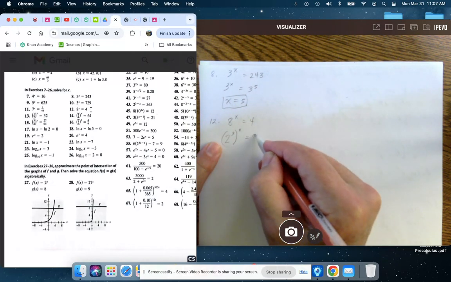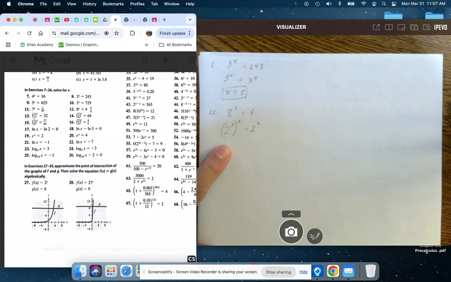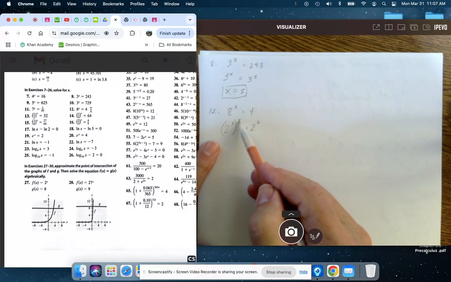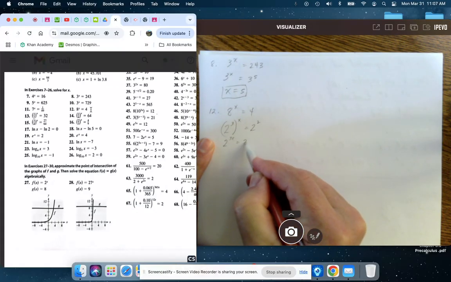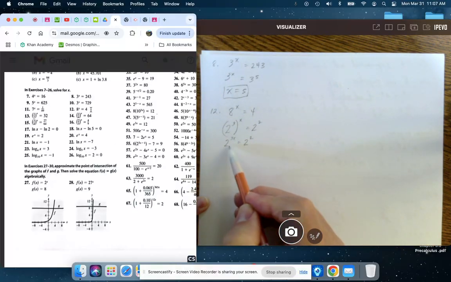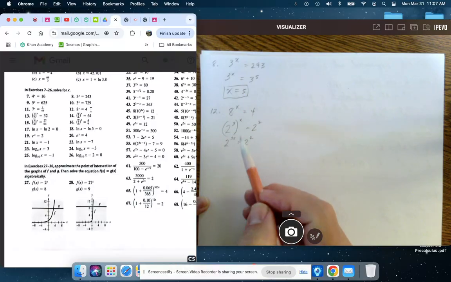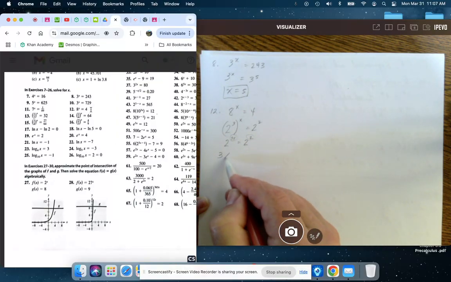And this is 2 squared, right? So I changed 4 to 2 squared. I changed 8 to 2 cubed. Now, if you remember, these can be multiplied. So this is just 2 to the 3x equals 2 to the 2. So now I know, since I got my bases the same, which is my goal here, that these exponents have to be equal. So 3x has to be 2. Therefore, x is 2/3.